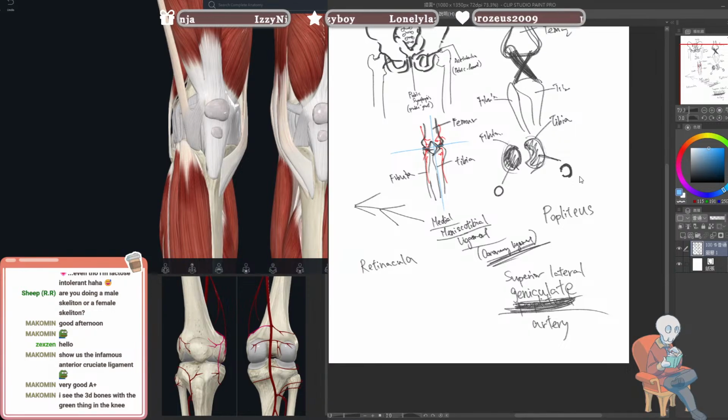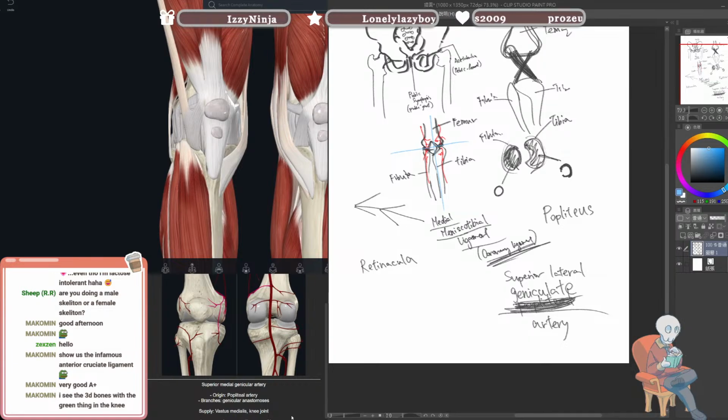This is again another geniculate artery, but this time it is the superior medial genicular artery. Genicular. Fine. Popliteal artery.